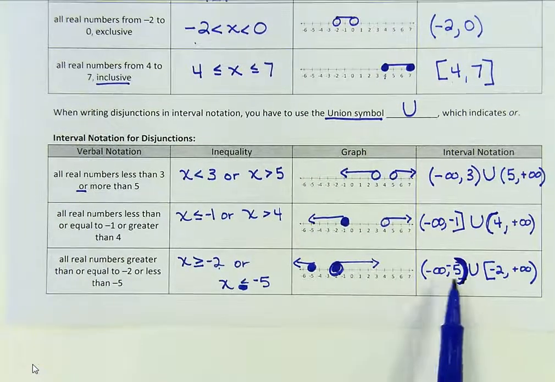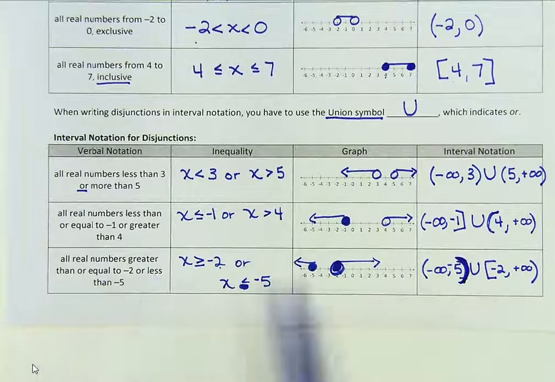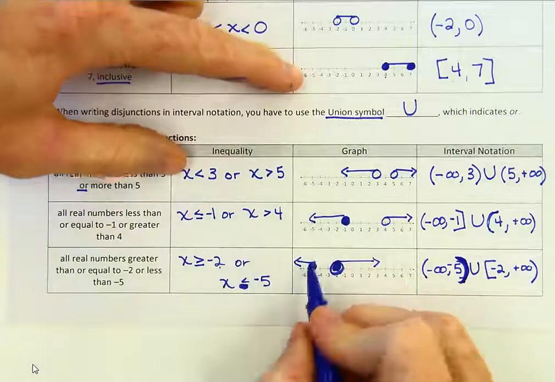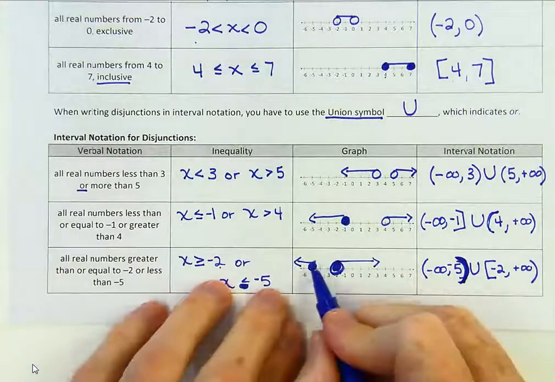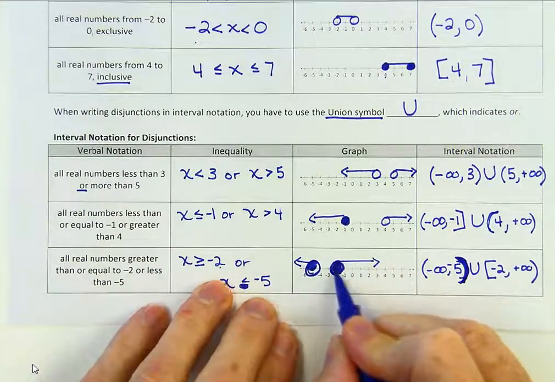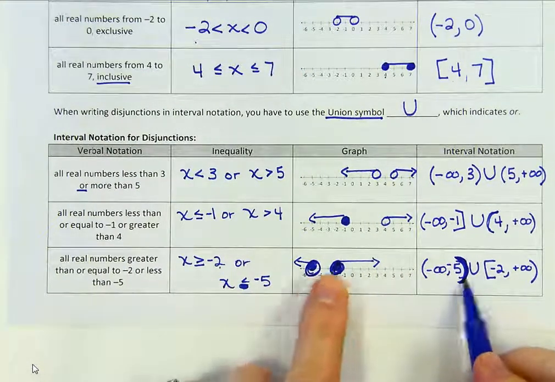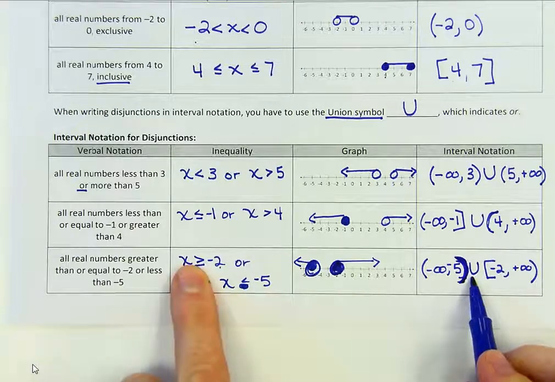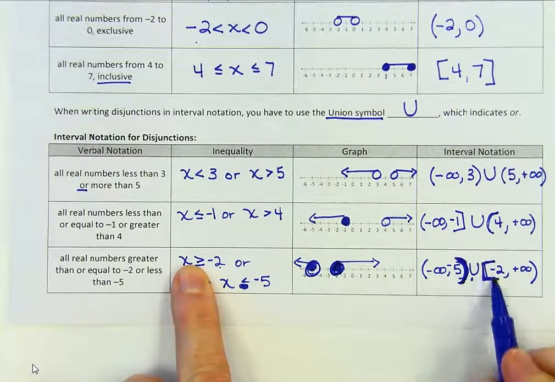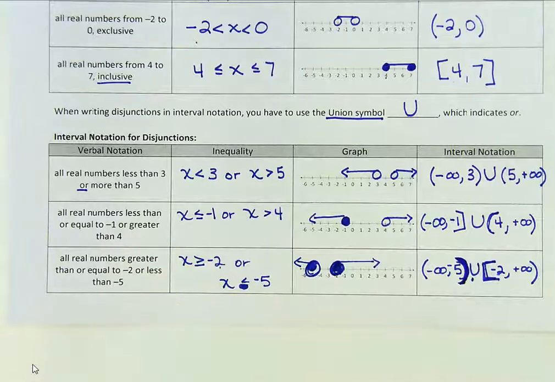So sorry about that. This is open, this one's closed. So this is a parenthesis, or greater than or equal to negative 2, that's the bracket, and then it goes to positive infinity. And that is it for this lesson. Your notes are now finished.